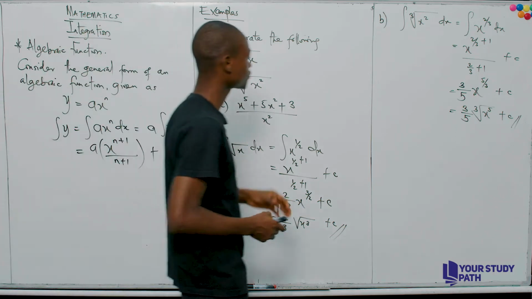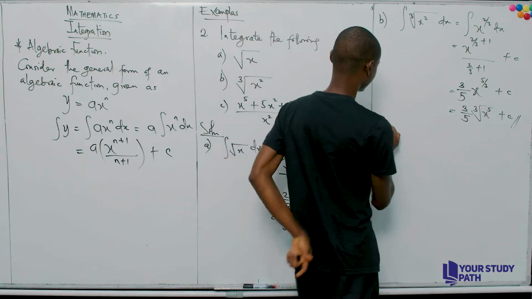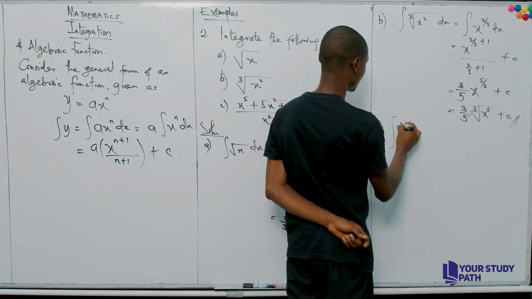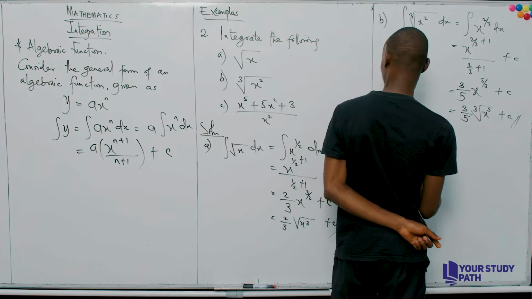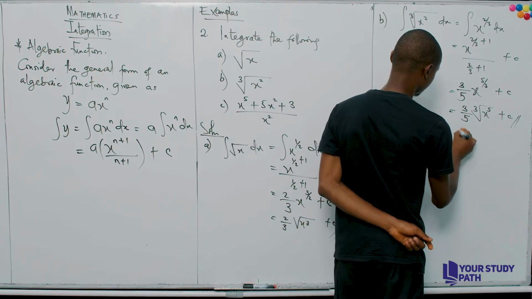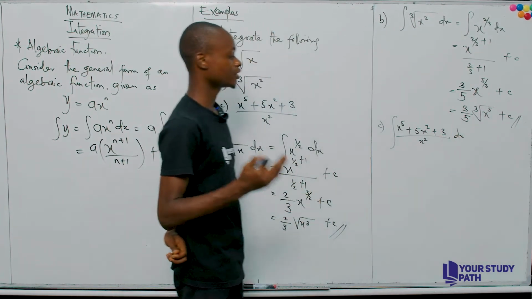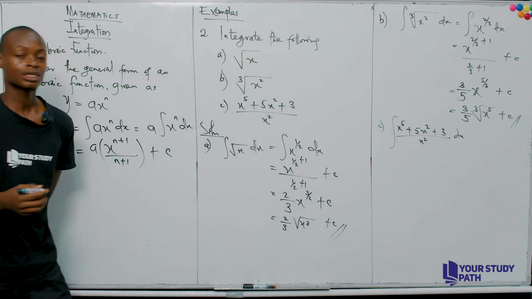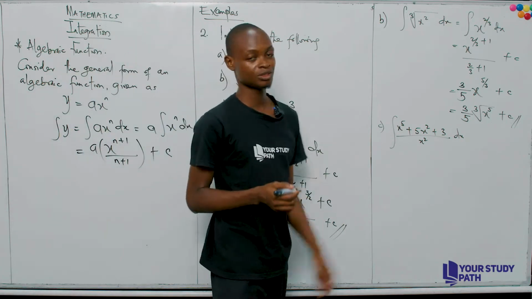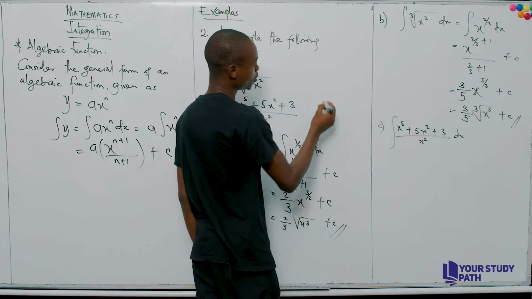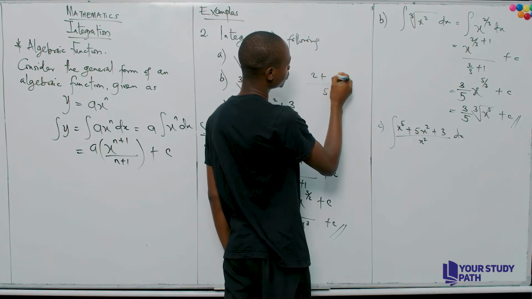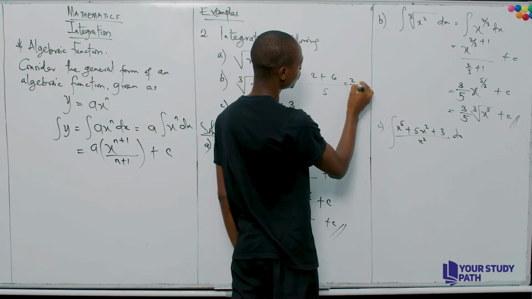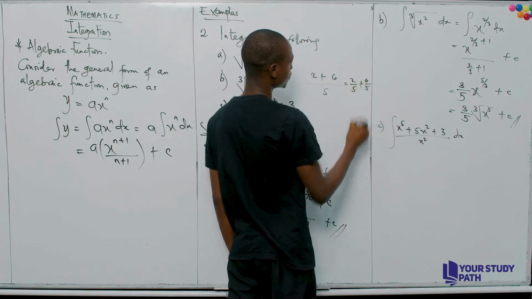What if you have negative powers? So you have to integrate x to the power 5 plus 5x squared plus 3, divided by x squared, dx. Before you start thinking of anything so large or so complex, remember that you can still split this. How do I mean? Remember your LCM, if you have 2 plus 6 over 5, you can always split it as 2 over 5 plus 6 over 5.